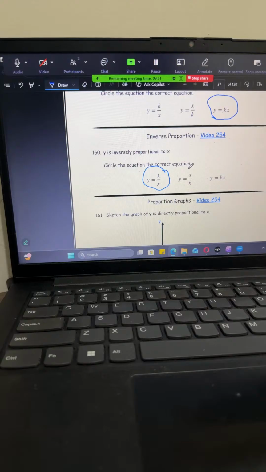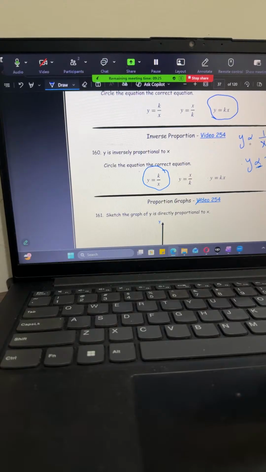Because inversely is like, do you remember reciprocal? What your teacher told that we were talking about the other day? I think I remember a bit. So inversely proportional means that it is 1 over x. And directly proportional is y is directly proportional to x.